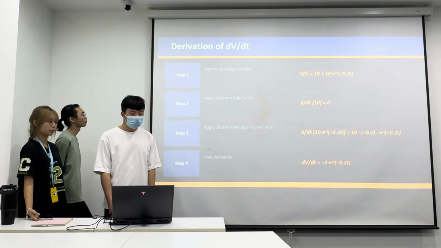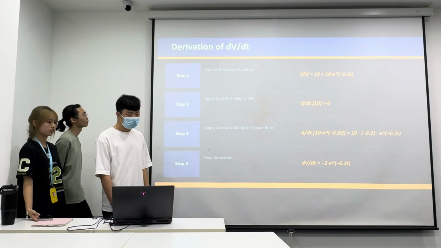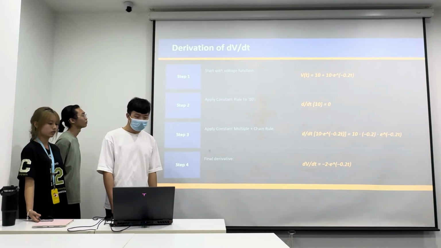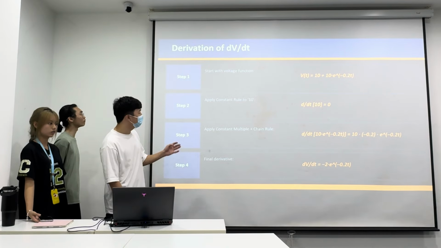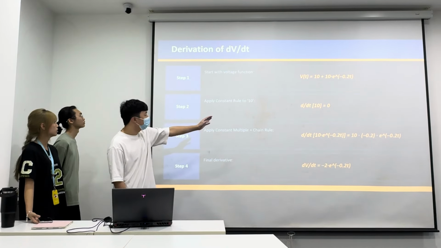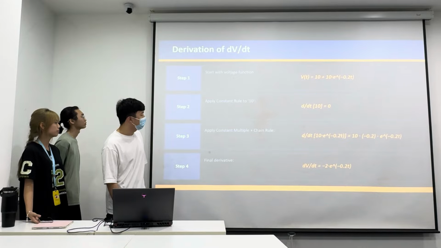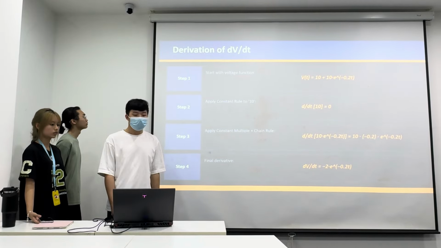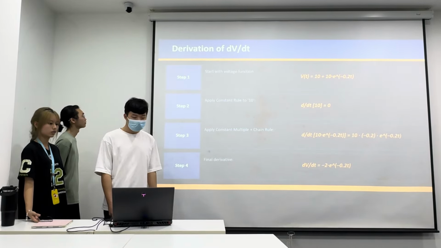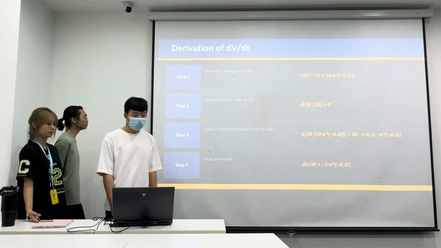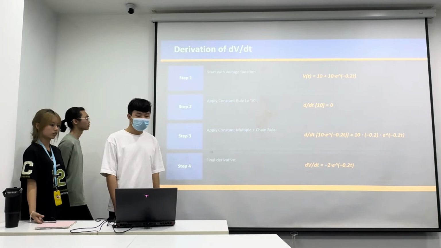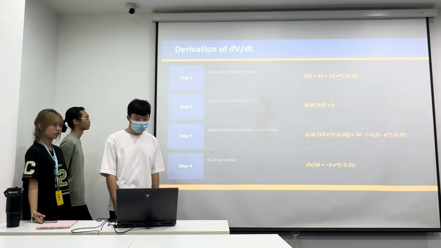In step 2, we apply the constant rule to the first number, 10. The derivative of a constant is always 0, so this part disappears. It becomes d over dt of 10 equals 0. In step 3, we use the constant multiple and chain rules on the second part. We take the derivative of the exponent, which gives us negative 0.2.